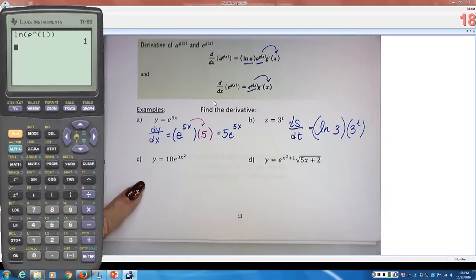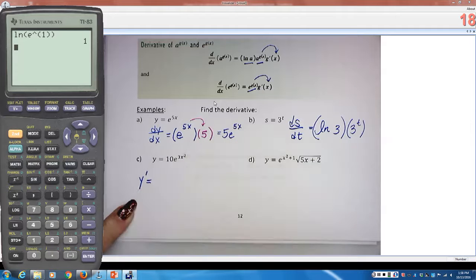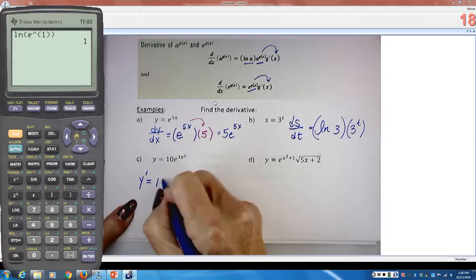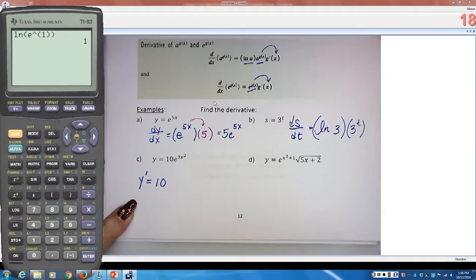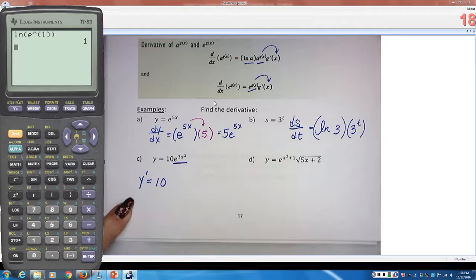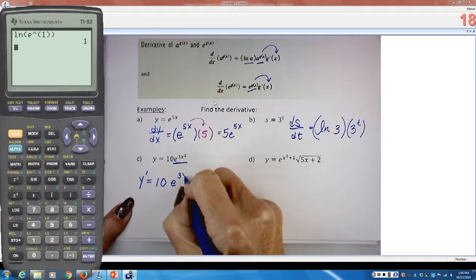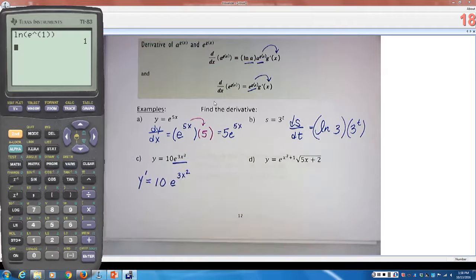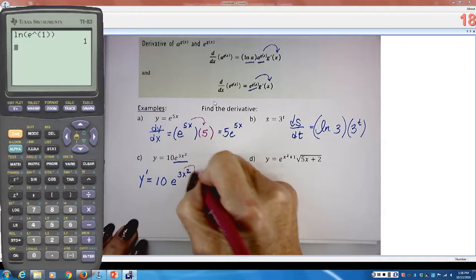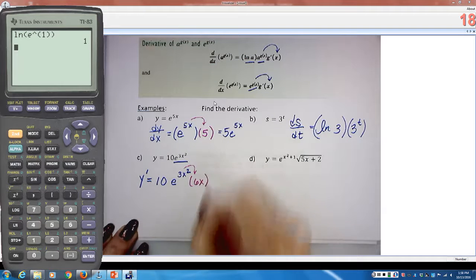The derivative of 10e to the 3x squared, we'll just do the y prime notation this time. 10 just comes along for the ride, it's just a multiplier, so it just hangs out. So the derivative of e to the 3x squared is e to the 3x squared, but it's going to be multiplied times the derivative of 3x squared, which is 6x.